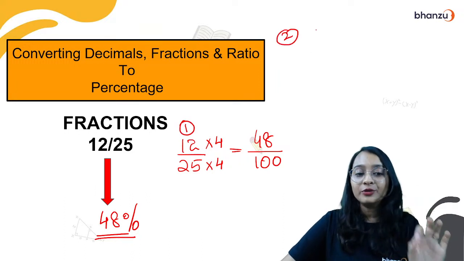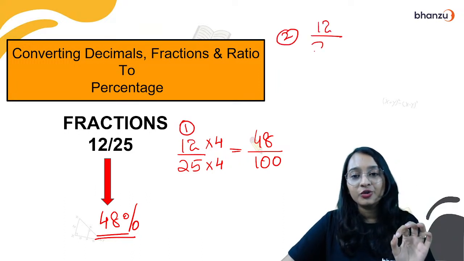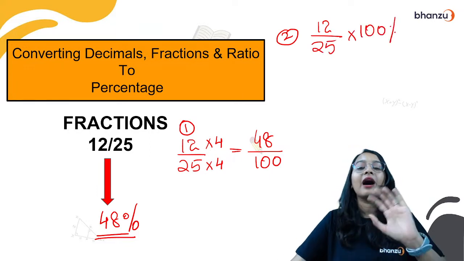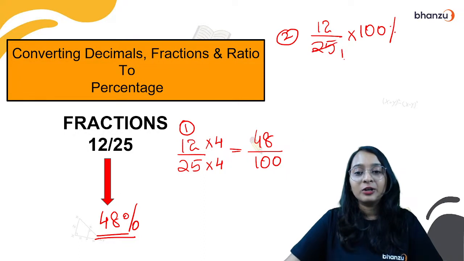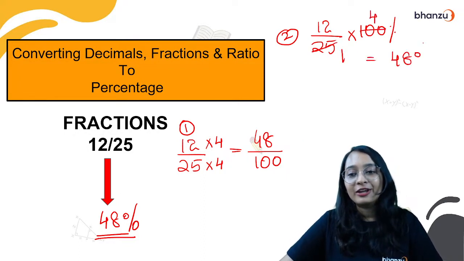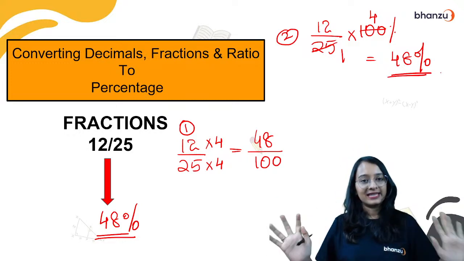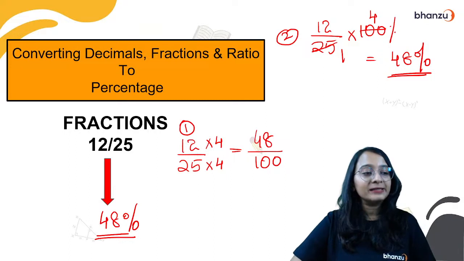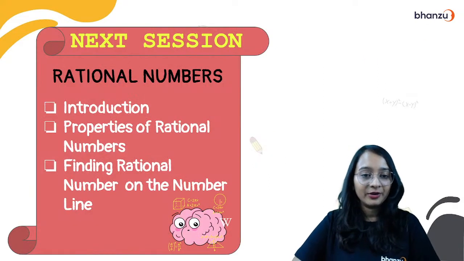What is method number 2? Whatever fraction you have, you just have to multiply the fraction with 100%. So 12 by 25 times 100, you're still ending up getting your 48%. So what do you do to convert a fraction to a percentage? You multiply it with 100, right?